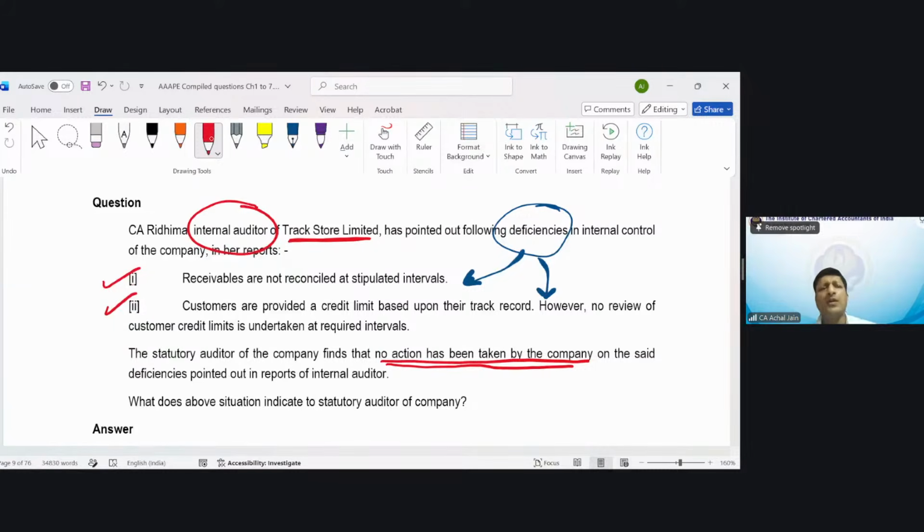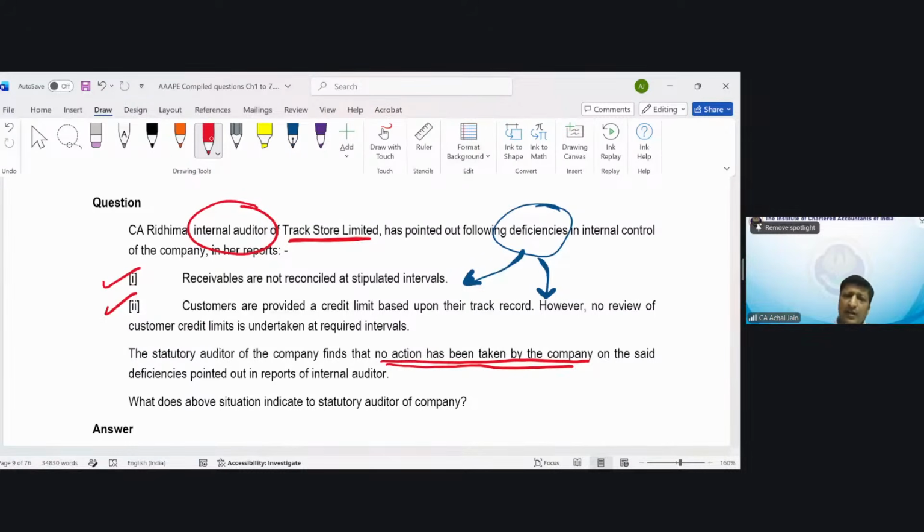So that's why there will always be a management action plan. And the plan will then be executed, meaning any remedial action required is implemented so that course correction can be done. And then the follow-up is done. Check whether it's been implemented.